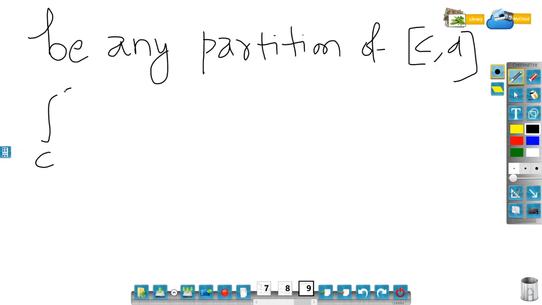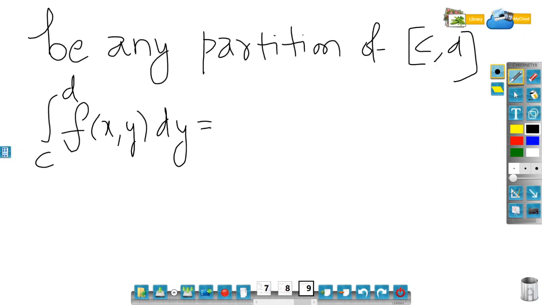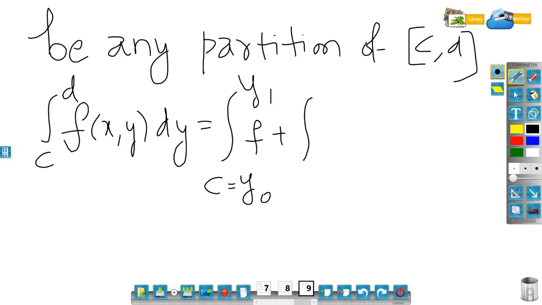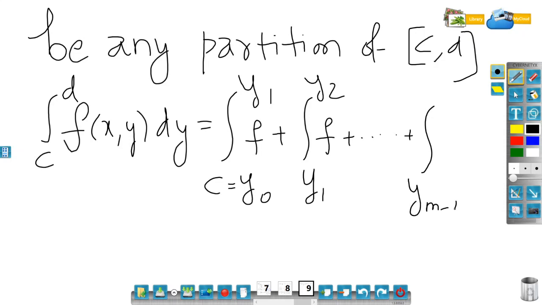integral c to d of f of x comma y dy can be written as integration from y0 to y1, since c is the same as y0, plus y1 to y2 of f, plus and so on, up to ym minus 1 to ym of f.